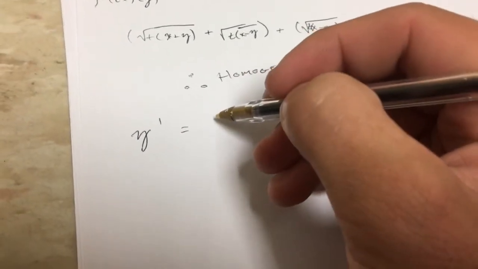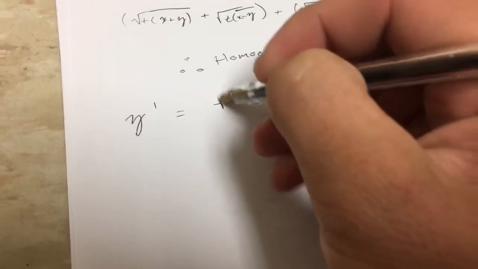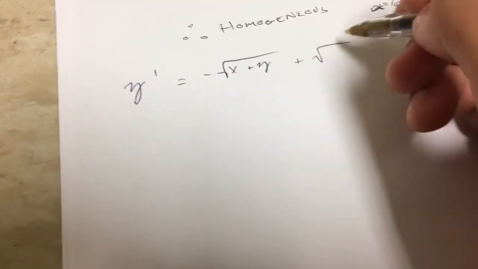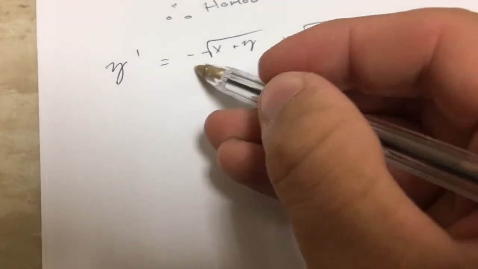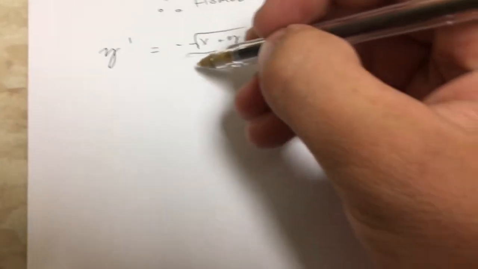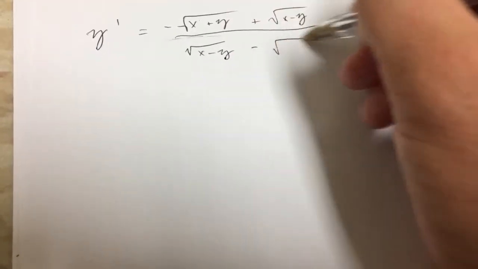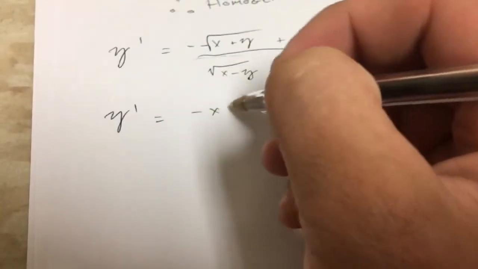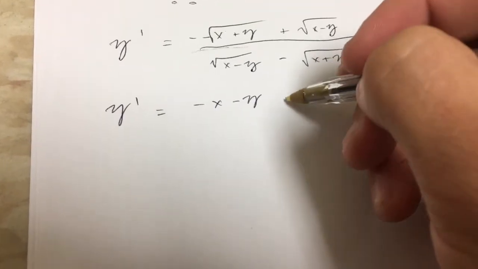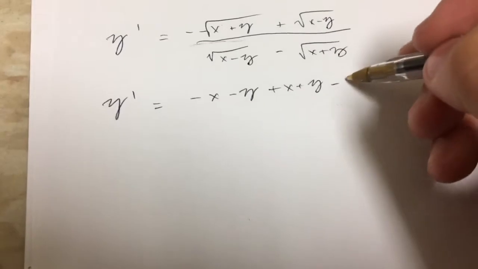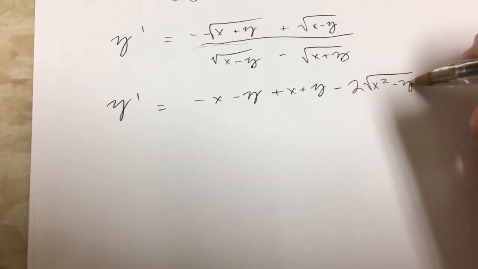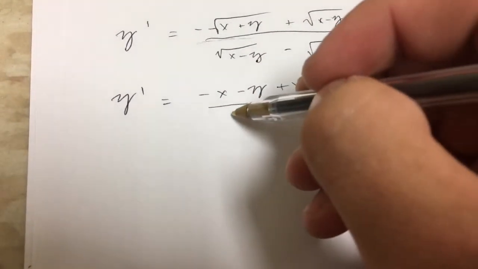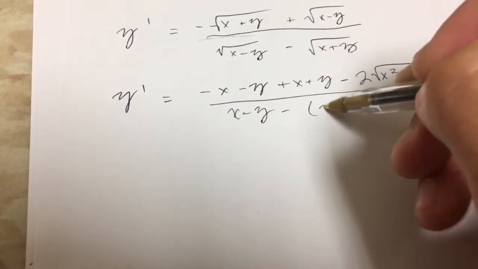So we get that y prime equals negative the square root of x plus y plus the square root of x minus y over the square root of x minus y minus the square root of x plus y, and y prime equals negative x minus y plus x plus y minus 2 square root of x squared minus y squared over x minus y minus x plus y.